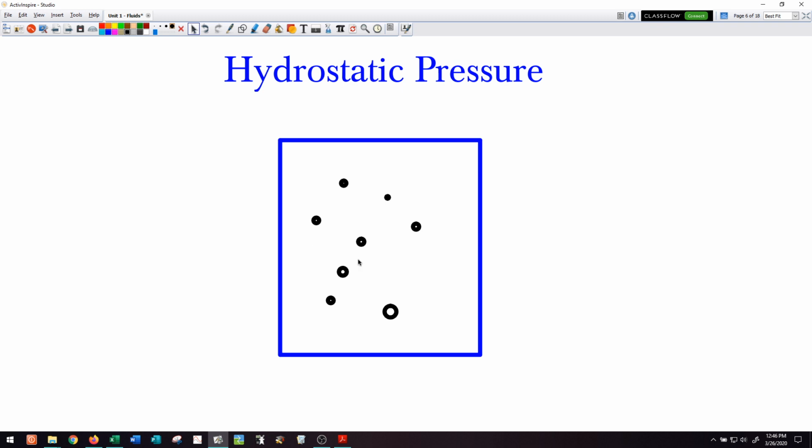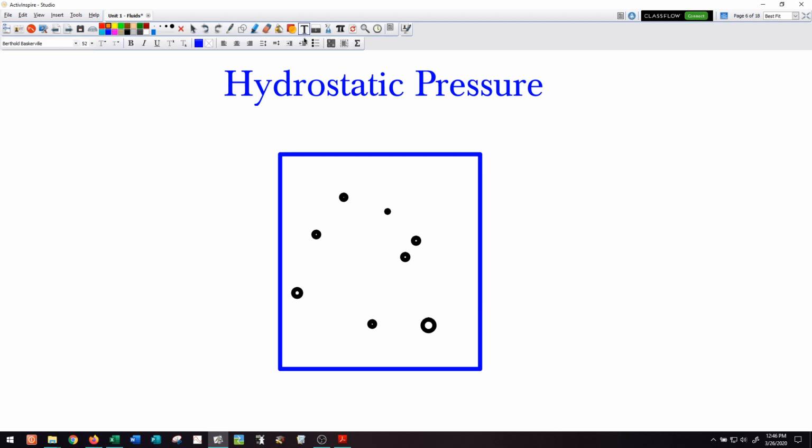We treat these molecules as though they have kinetic energy and momentum. Anytime a molecule hits the side, it exerts a force on the side of the container. We can aggregate all those forces of all the molecules bouncing around and hitting the container, exerting a pressure.